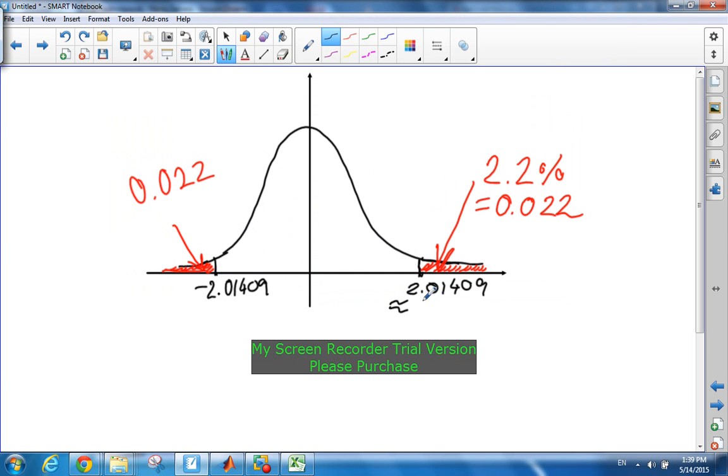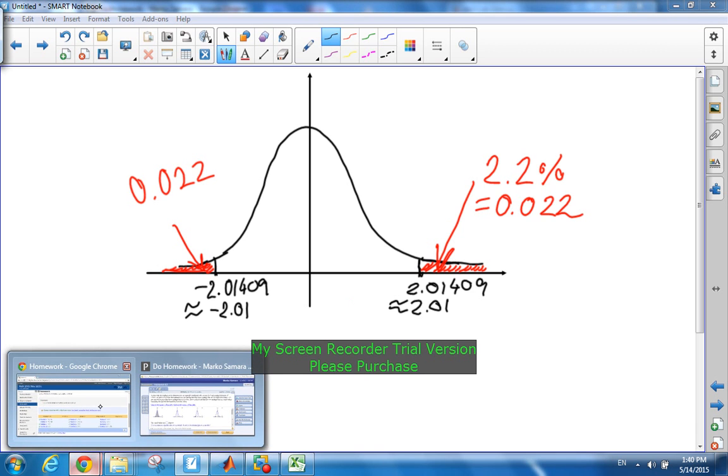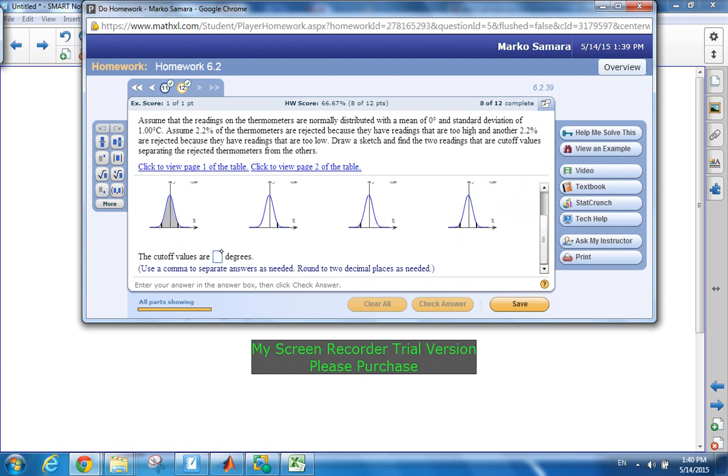This is approximately 2.01, and similarly this one is negative 2.01. Okay, so the answers are negative 2.01, comma, 2.01, and that's the answer. So that's what I wanted to show you from section 6.2.